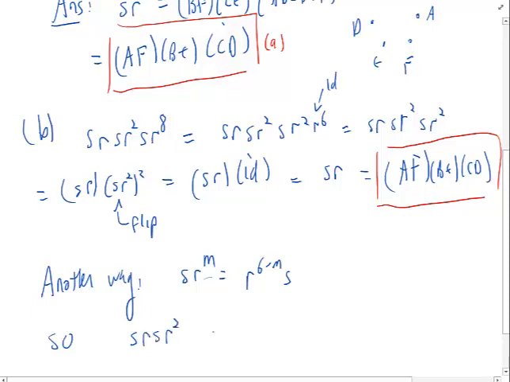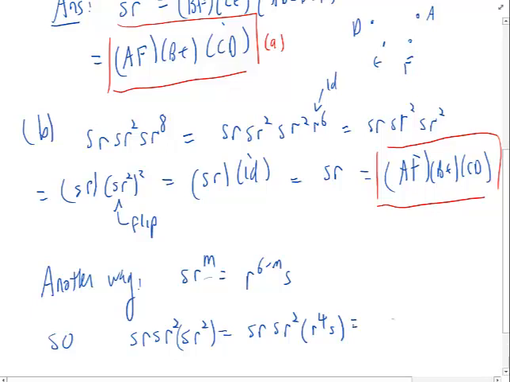Suppose I want to exchange this R and this S. Well, SR squared is equal to R to the 4th S. So I could write this as SR times SR squared, and then what's in parentheses here becomes R to the 4th S.